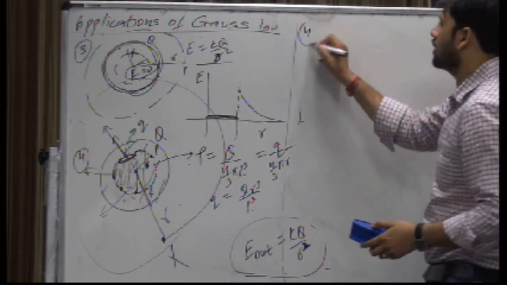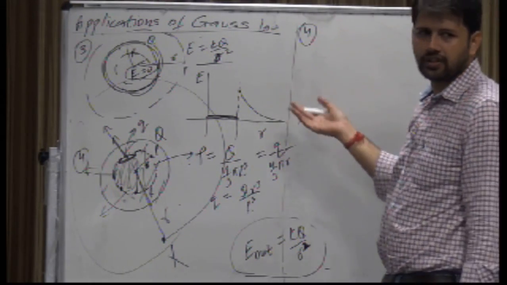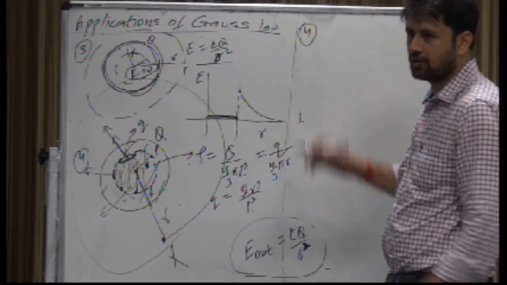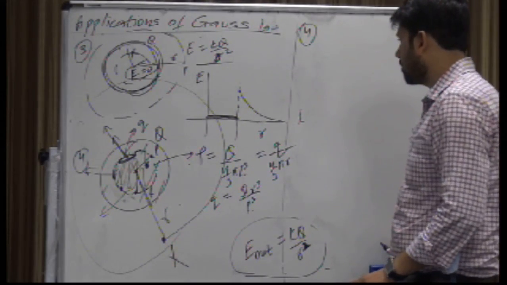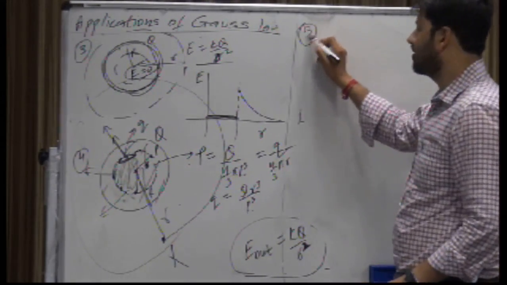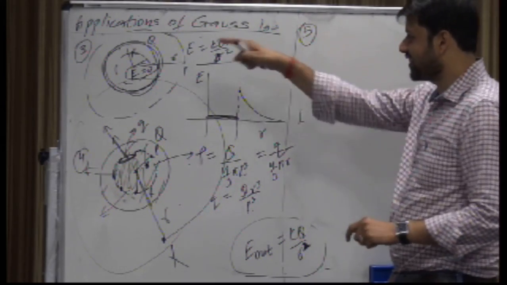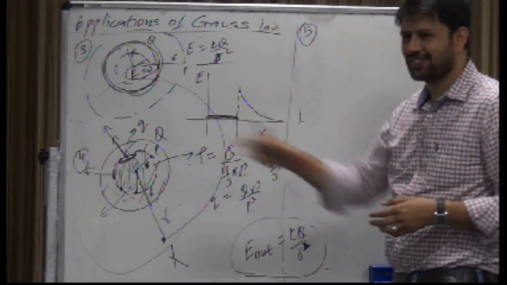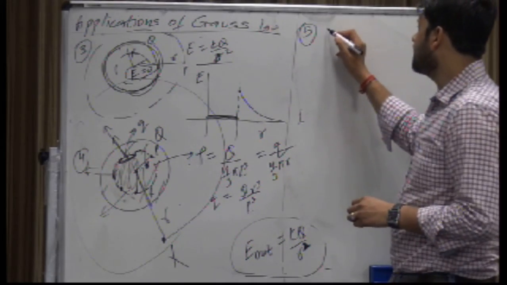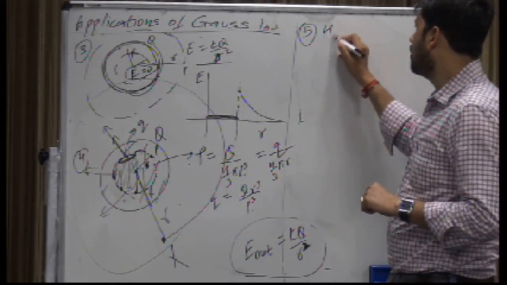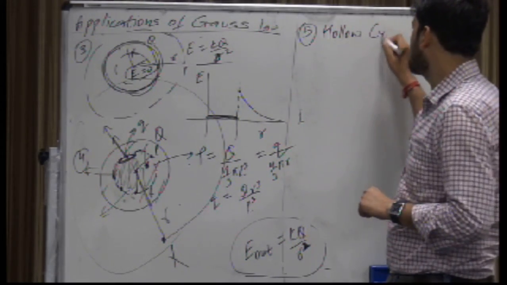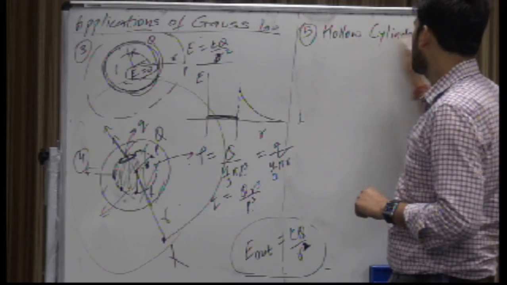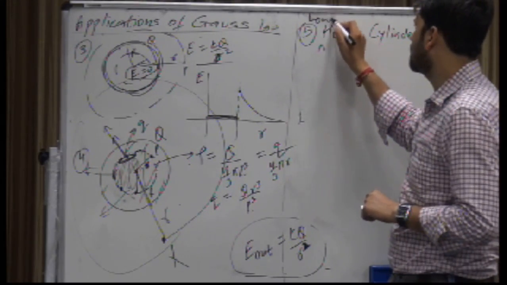Now the fourth application, I don't know whether you know this or not. Oh, sorry, fifth. I was counting three. So where did the fourth go? Fourth was there. Fifth is a hollow cylinder, a long hollow cylinder rather.